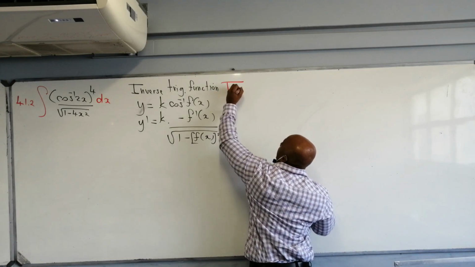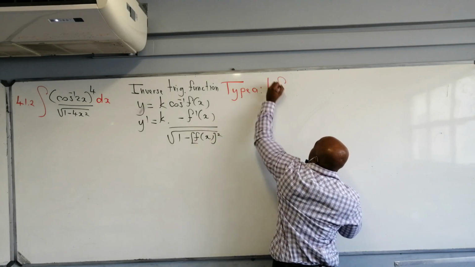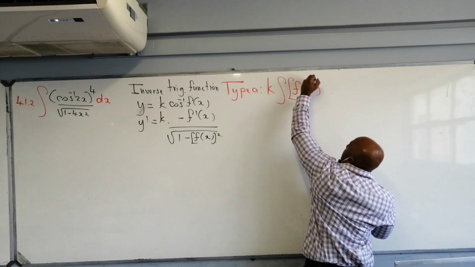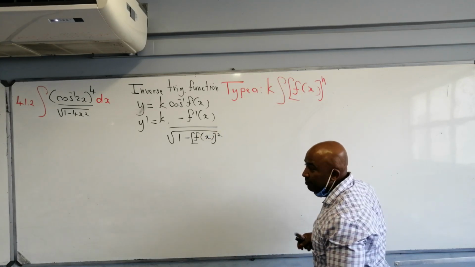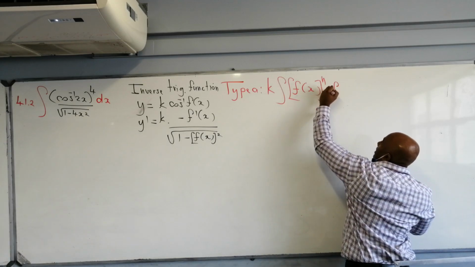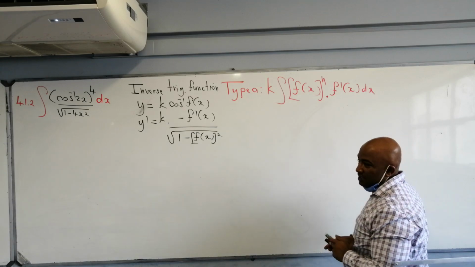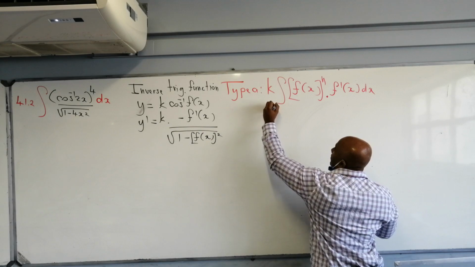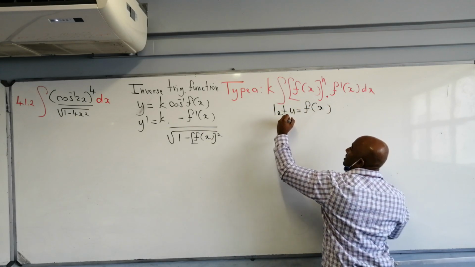So how does type A work? Type A, remember that if you have f of x all raised to the power n, just like what we have, the power 4 there, multiplied by the exact derivative, which is f prime x, then in this situation we will always let u equal to f of x.